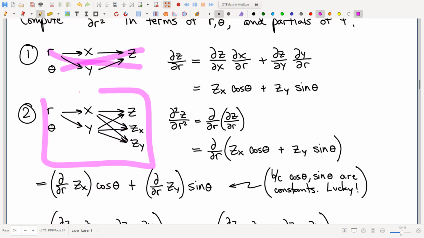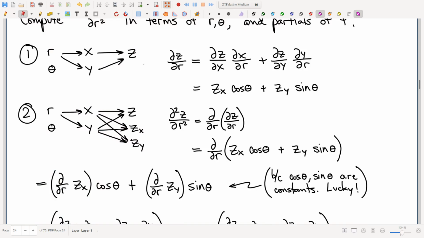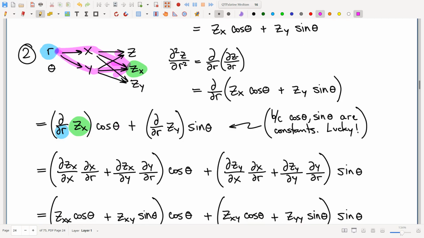Here's our complete diagram. How am I going to make sense out of, let's see here, the partial of z_x with respect to r? Well, there's z_x. With respect to r, well, there's r. Okay, no problem. I have two paths. That gives me two terms.